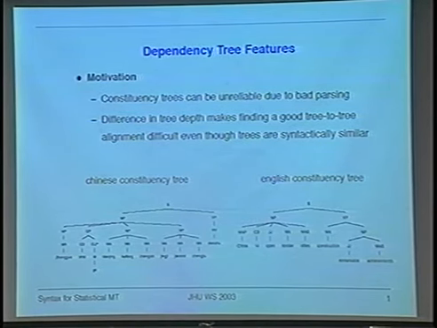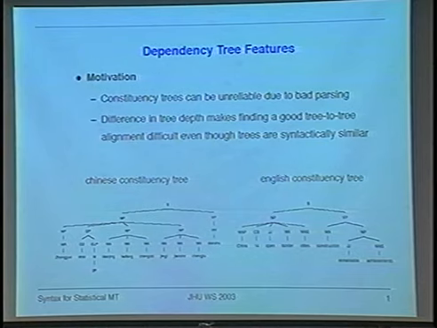In this example which Dan showed earlier, there's actually no verb right here, but since the parser has been trained on grammatical sentences, it expects a verb phrase, and so inserts one right here. So if we were to compare these two trees, we might be misled to think that they are more similar than they actually are, because we have a verb phrase here and a verb phrase here. So that's one problem that we encountered.